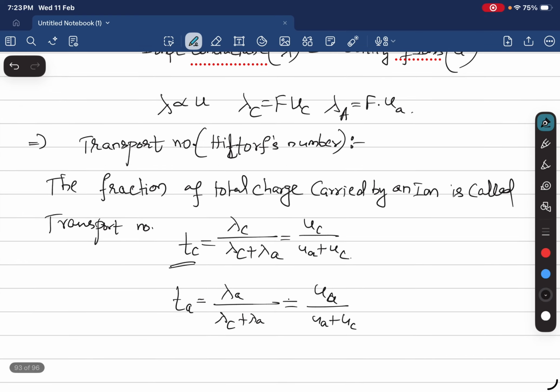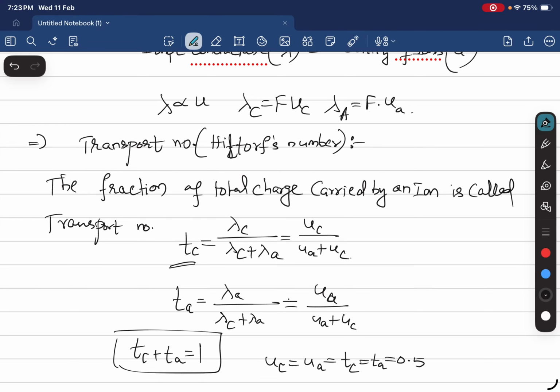And always the sum of transport numbers of cation and anion equals 1: Tc plus Ta equals 1. When Uc equals Ua, then Tc equals Ta, which equals 0.5.